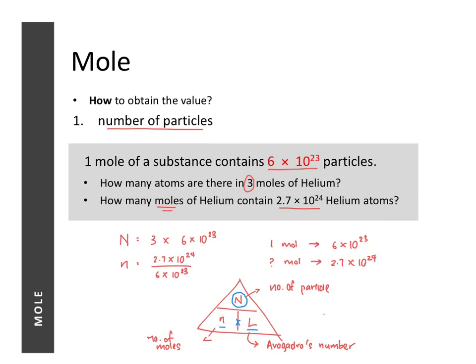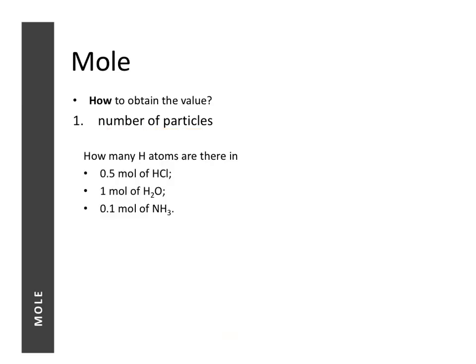Okay, we'll see more of such triangles later. So let's try the formula that we have just learned on this particular practice. How many hydrogen atoms are there in 0.5 moles of hydrogen chloride?